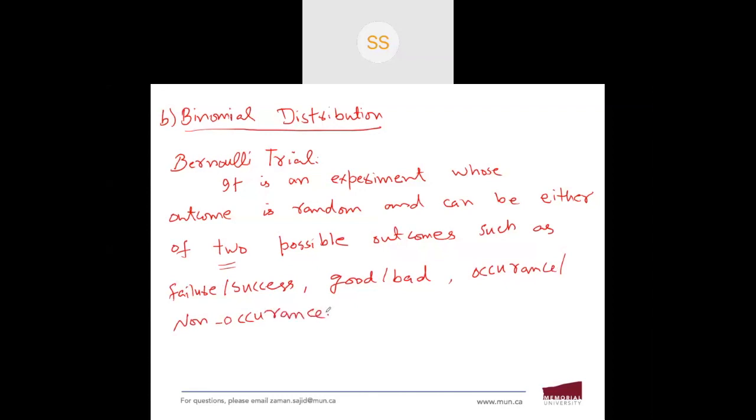Okay, so the Bernoulli trial is when we have two possible outcomes such as failure, success, good and bad, occurrence or non-occurrence. Now there are three conditions. I'm going on to the next slide now.